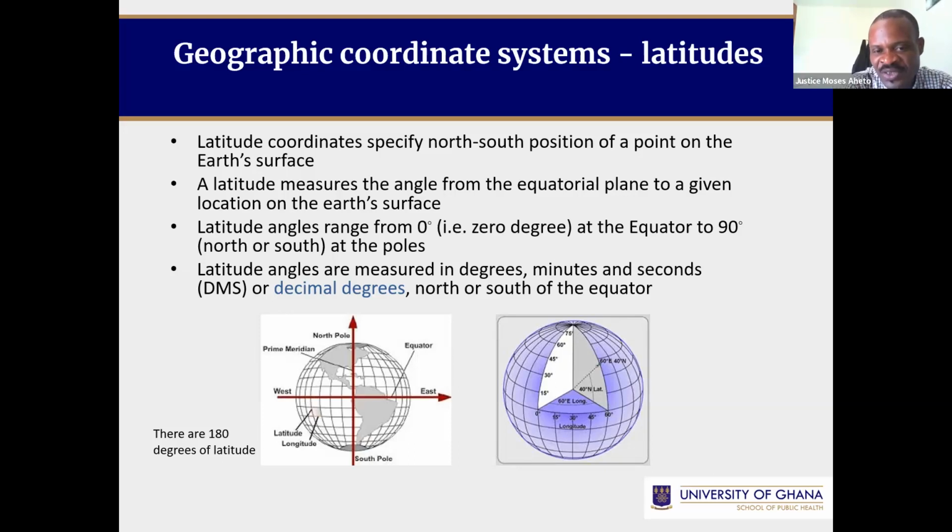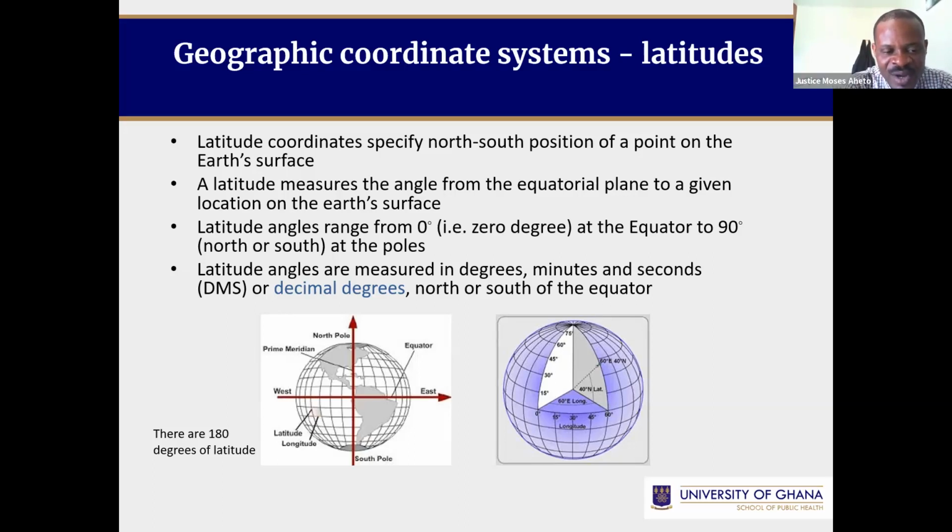Because as you can see, we're talking about degrees, that is telling you that we are talking about geographic coordinate systems under the latitudes. The latitude angles are also measured in degrees, minutes, or seconds, or decimal degrees, north or south of the equator. You are seeing some few things down there.